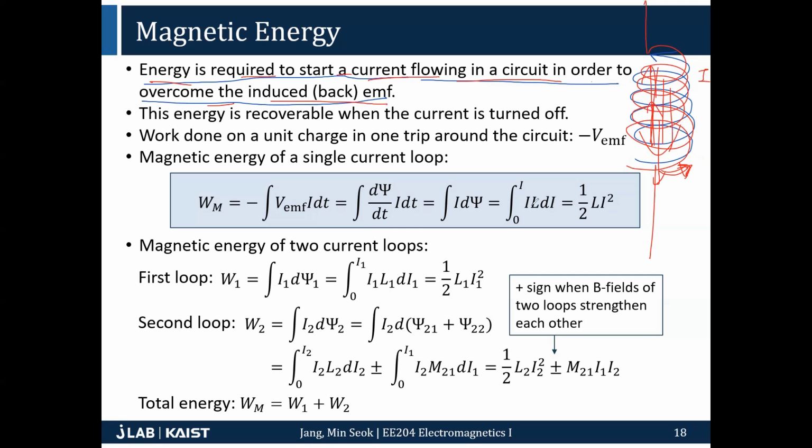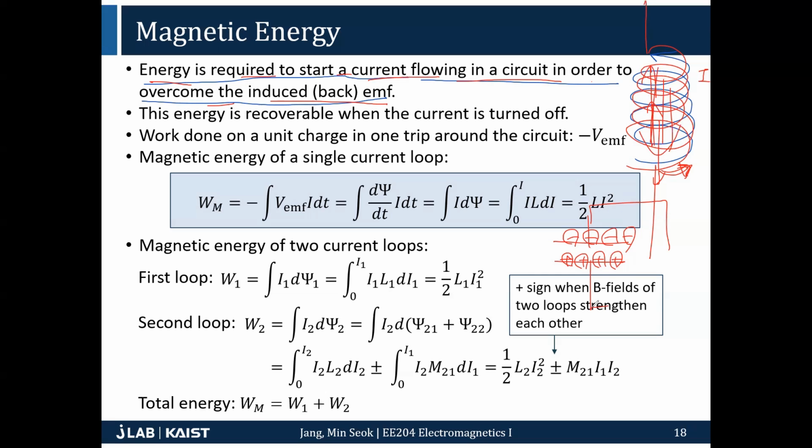And in a sense, this process is similar to an electric conductor, a capacitor. Once you charge up the capacitor, of course, in order to charge it up, you need to do some work, right? But once the capacitor is charged up, you can use this as your energy source.